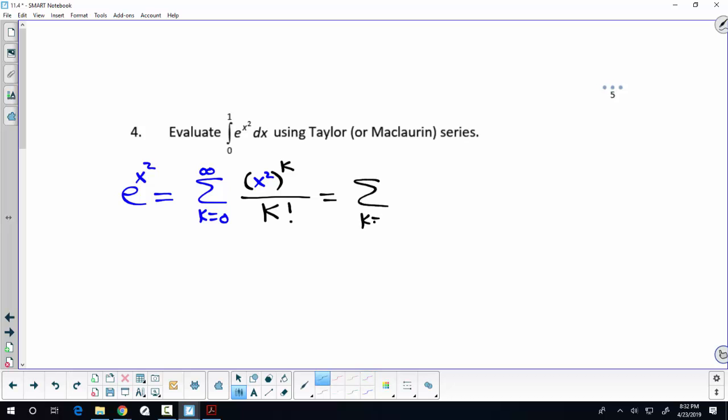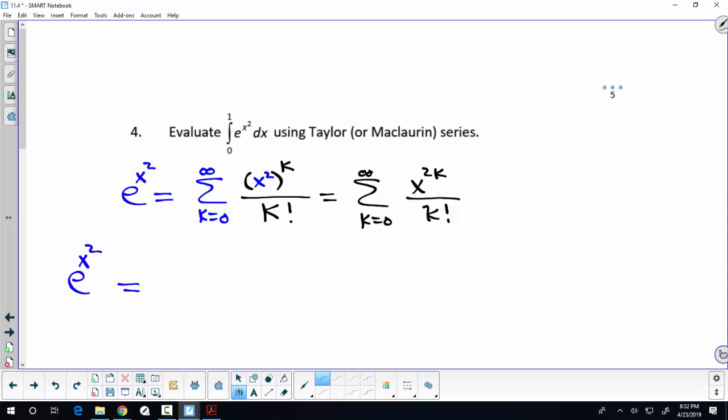Of course, we could write this as x to the power of 2k over k factorial. Here we have always an even power. And so we're going to say that e to the x squared is equal to, we'll just look at the terms of the series instead of the summation formula for it.